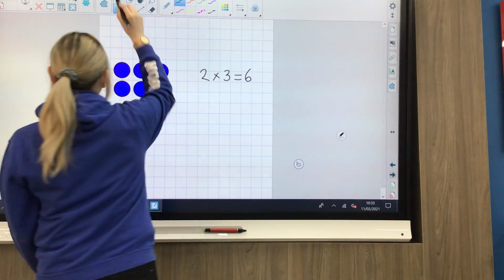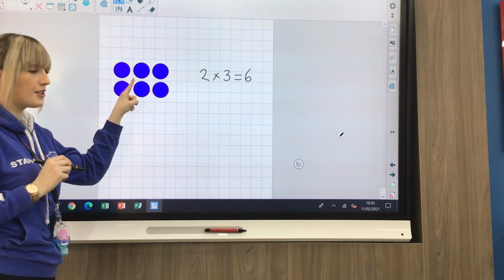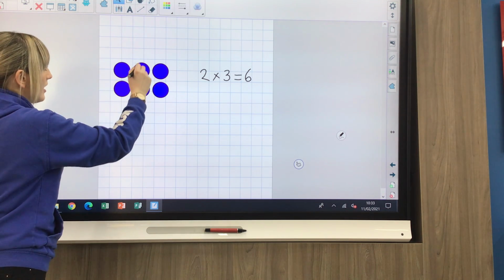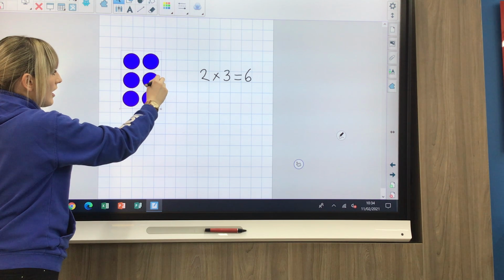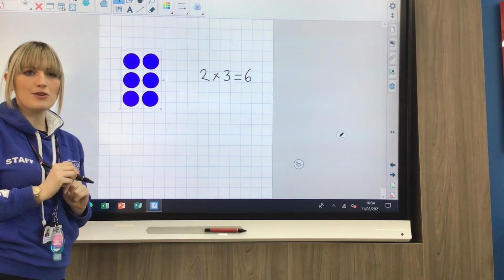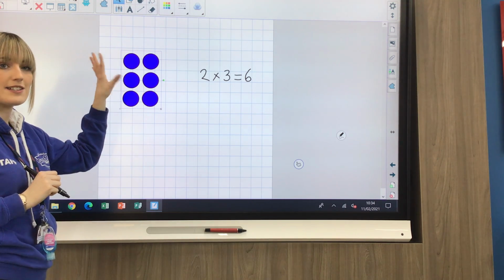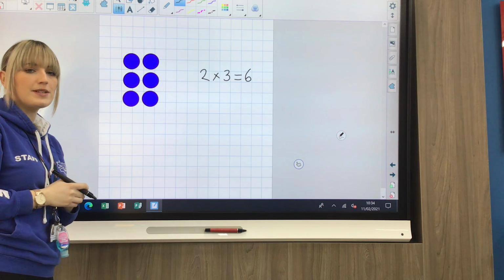Okay, now let's switch it around and I want you to look at the blue spots. Does the amount I've got change? Let's have a look. I'm going to switch it around. Have I got any more or any less? No, so I've still got 6 blue circles. Okay, let's look at our number sentence.